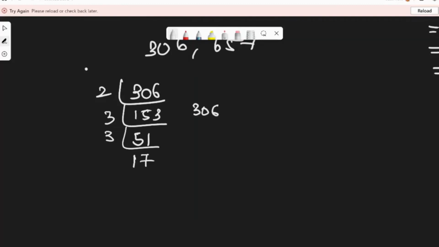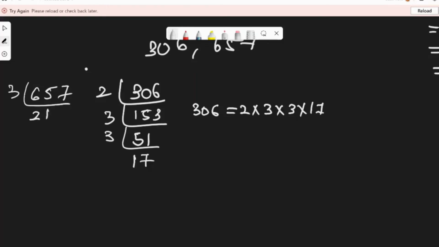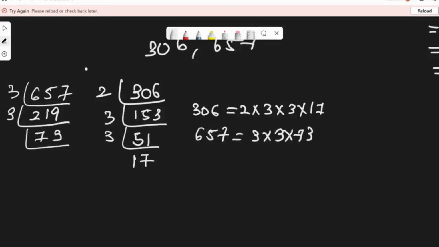So 306 will be 2 into 3 into 3 into 17. Next, 657 will be 3 into 219. Next again 3 into 73, and 73 is a prime number. So 657 will be 3 into 3 into 73.